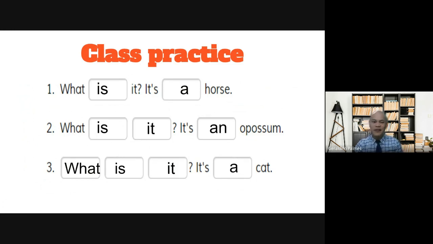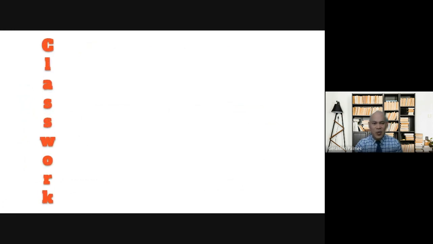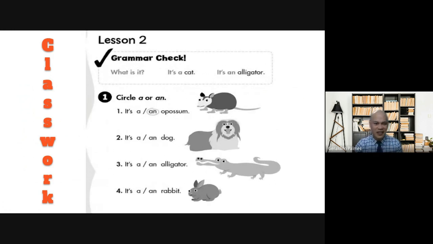So we've just finished the practice for today. Let's look at your classwork time. Are you ready? First part, you need to select or circle a or an. Example, it's an opossum. So for number 2, 3 and 4, select the correct answer, whether you say a or an.